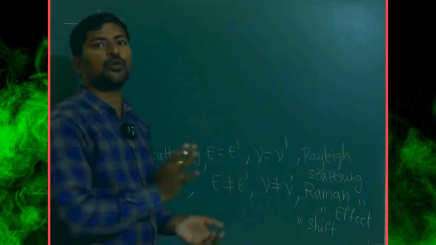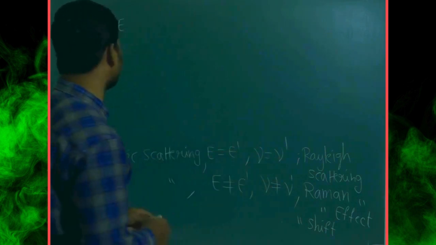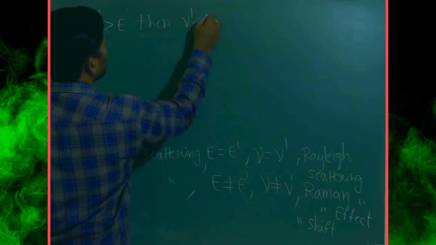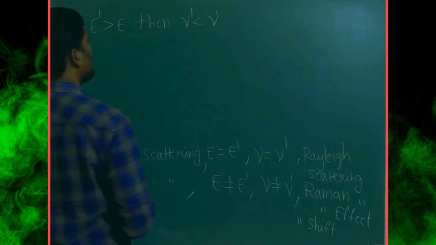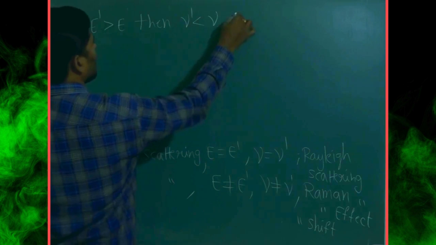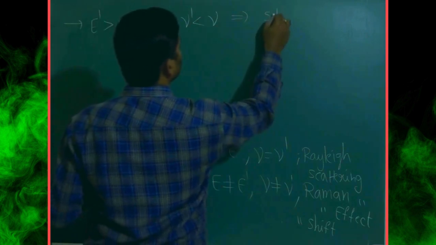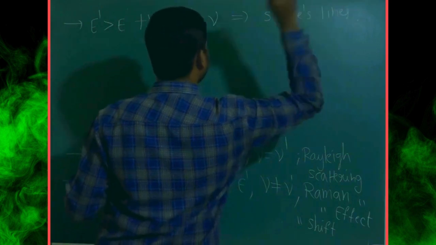Some energy is given to the molecule and the molecule's energy is increased. That means the scattered radiation frequency decreases, so nu dash is less than nu. The scattered radiation frequency is less than the incident radiation frequency. Such lines are called Stokes lines.